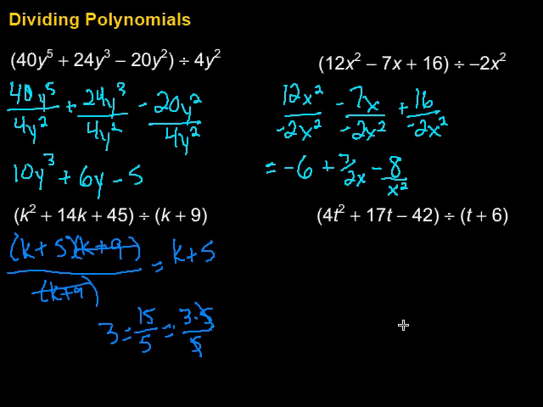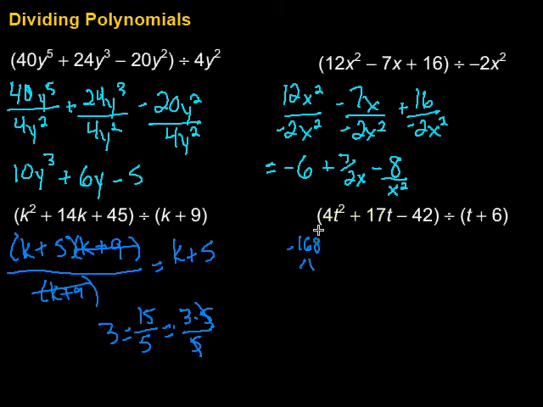Okay, then let's try this last one here. And again, we're going to look to factor this particular trinomial. So when we have the coefficient of the x squared term larger than 1, we can use the bottoms up or ABC method to factor that. So 4 times negative 42 gives us negative 168.